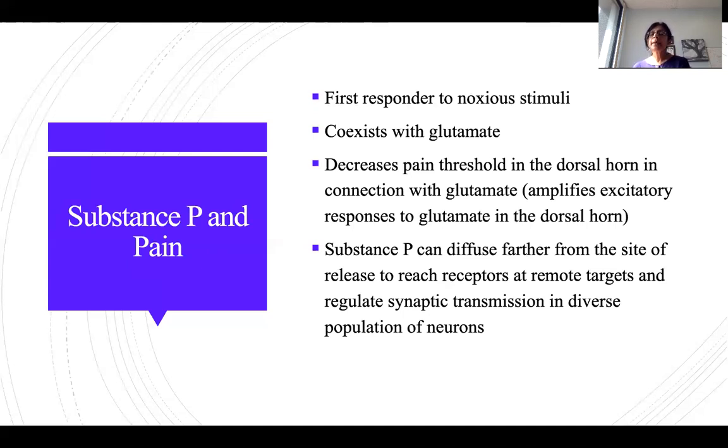Secondly, substance P can lower the threshold of the second order neuron so that the action potential can be generated faster. It amplifies excitatory responses to glutamate in the dorsal horn. Substance P can diffuse farther from the site of release to reach receptors at remote targets and regulate synaptic transmission at many different neurons.